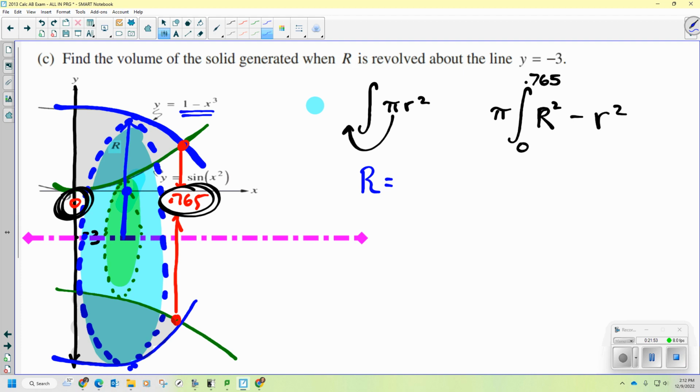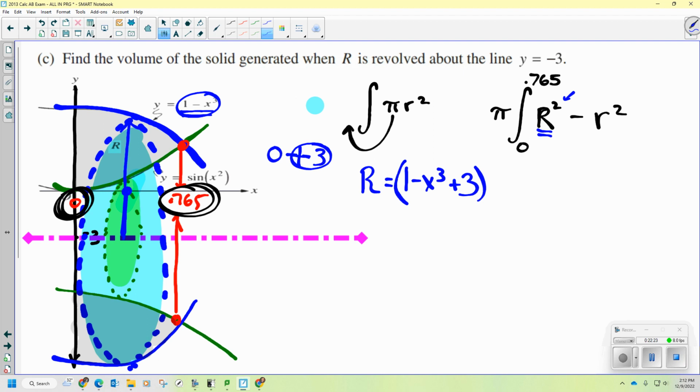Yes, I know it's -3, but I'm at 0 and I'm going down 3, so when I subtract, I'm adding. So I've got to take my function and add 3 more spaces to it. So my big radius is 1 minus x cubed plus 3. That is going in for this r. And of course, I got to square it when I put it in.